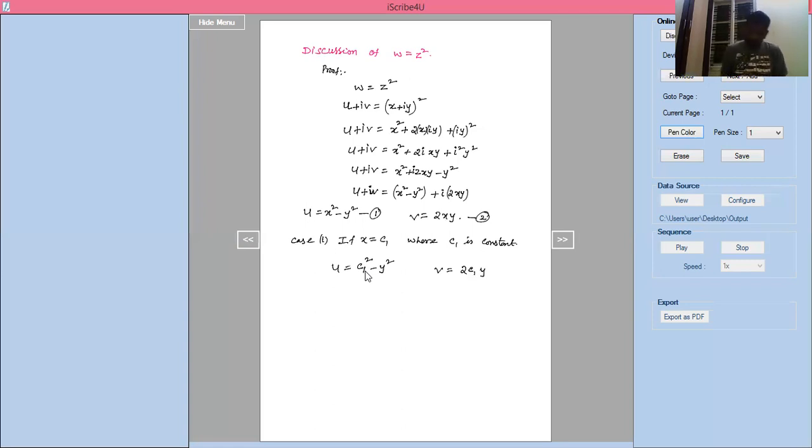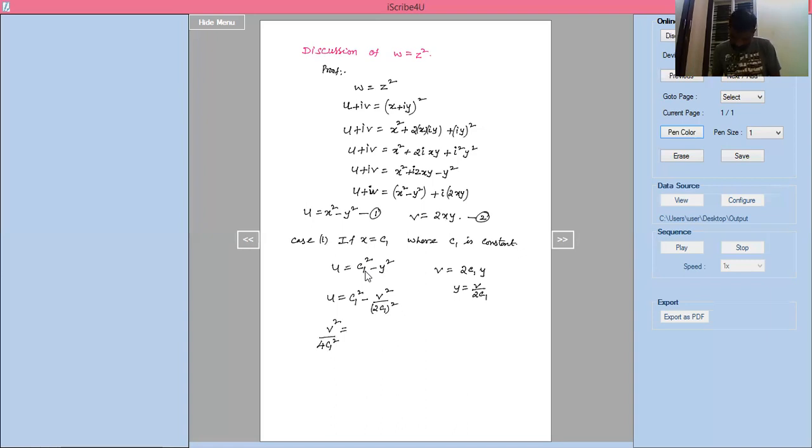Now in this, Y equal to V divided by 2C1. So U equal to C1 square minus V square divided by (2C1) whole square, that is, U equals C1 square minus V square divided by 4C1 square.